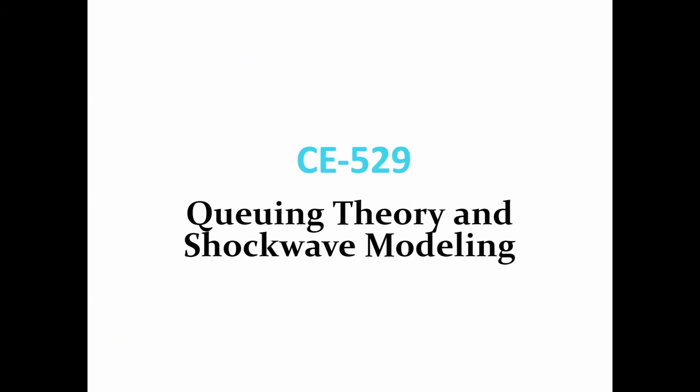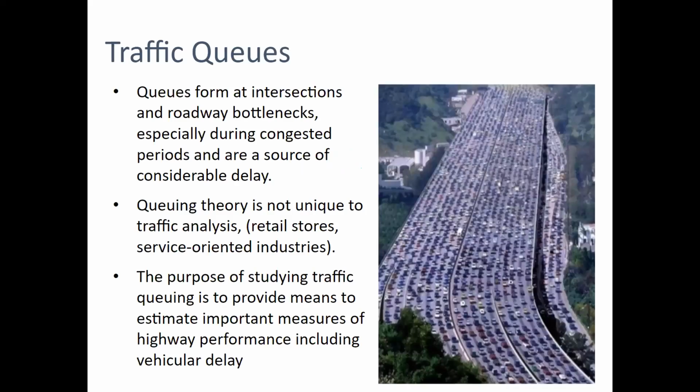We did see that consistency when we did the car following, and I think we'll try to do the same thing here. Is there a way to reconcile the two approaches, one being the queuing theory and the other being the shockwave modeling? So we're going to start off with very basic 321 type queuing theory stuff that you might have seen.